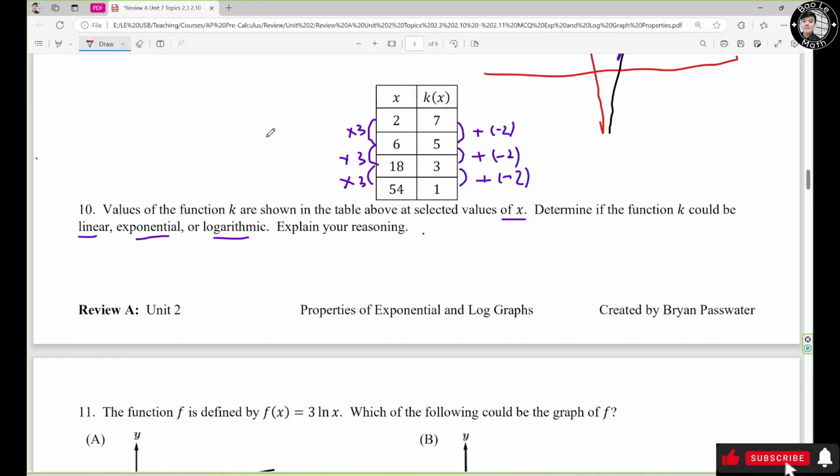And observe that the input values over equivalent output value intervals are proportional, right? Because every single time you multiply by 3. So this is a logarithmic function, right? So this is right here.